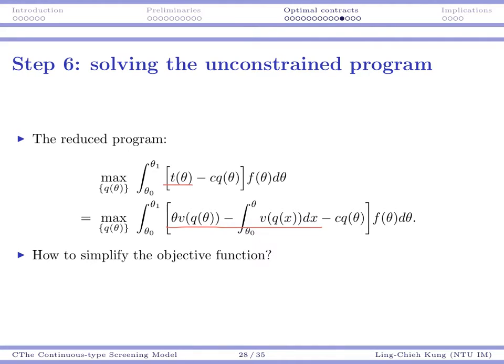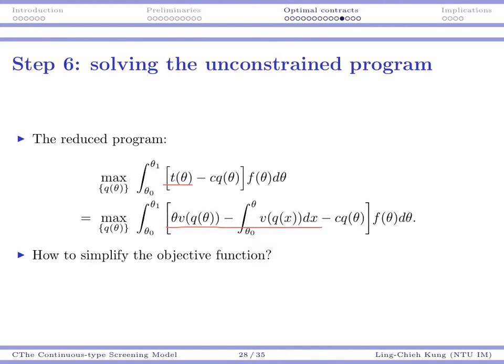So now our problem would just be this one. Now we don't really need those IR and IC constraints. Let's focus on this unconstrained problem to see how we may find Q of theta to optimize this. Obviously, this is something we need to handle.